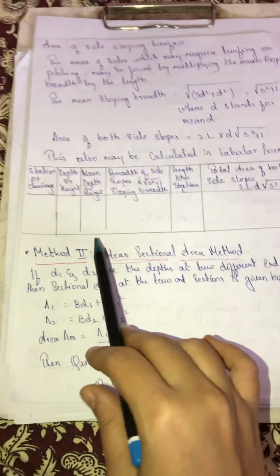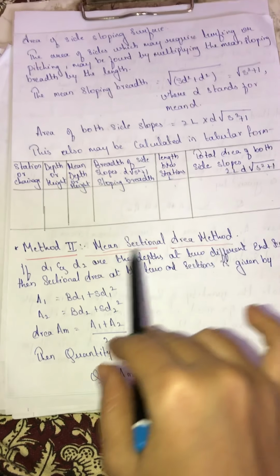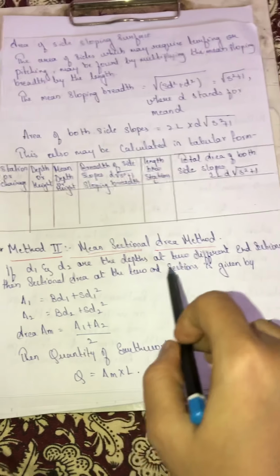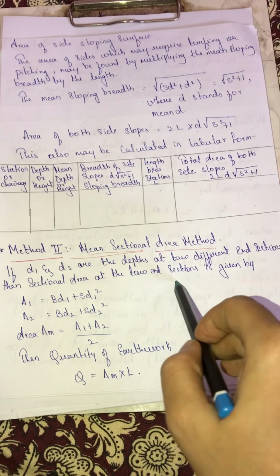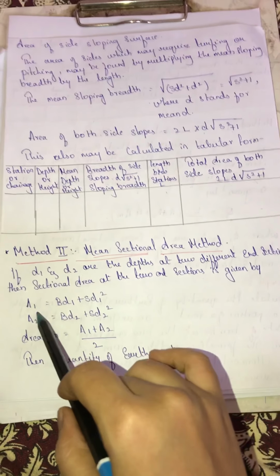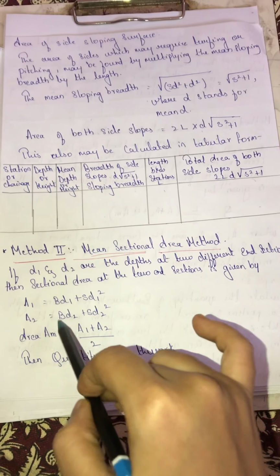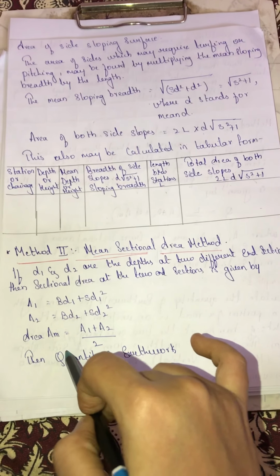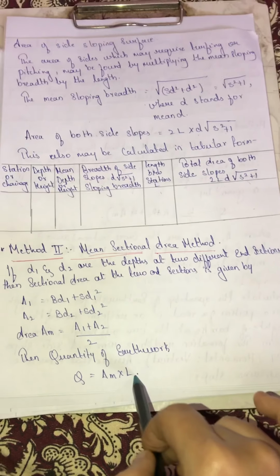Now moving on to the next method, that is method 2, the mean sectional area method. Here if D1 and D2 are the depths at two different end sections, then the sectional areas at the two end sections, A1 and A2, are calculated first. Then the mean area is calculated, and then we calculate the total quantity as mean area into the total length.